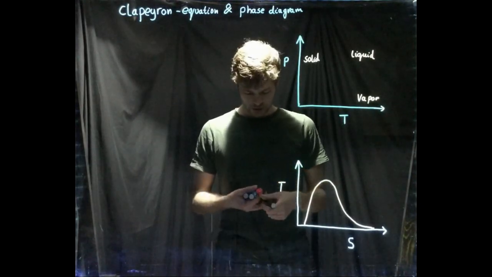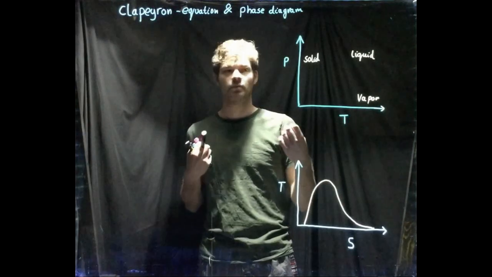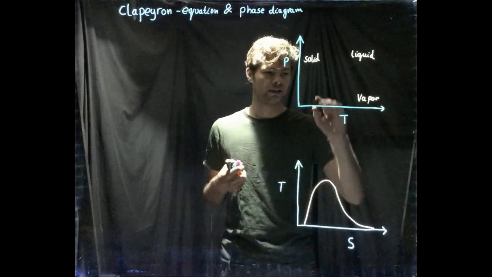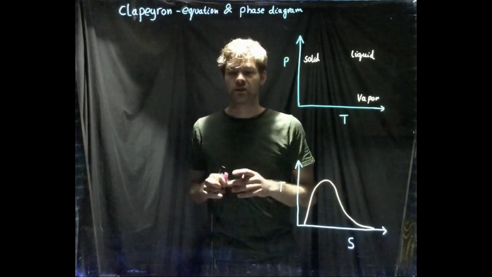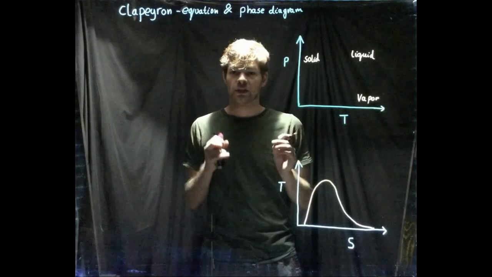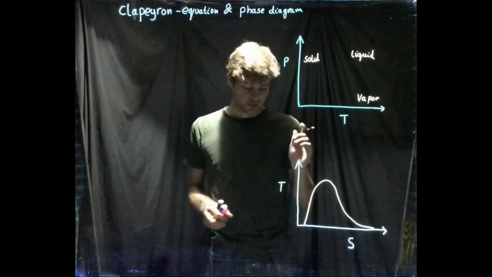Of course, as we know, these phases are separated by saturation lines. And I'm just giving an indication of these saturation lines because the Clapeyron equation will actually help us to determine the exact behavior of these saturation lines.